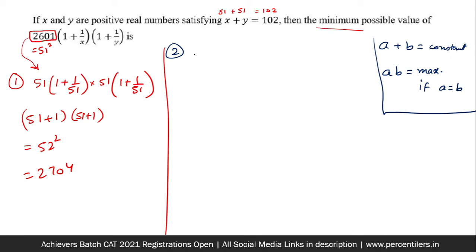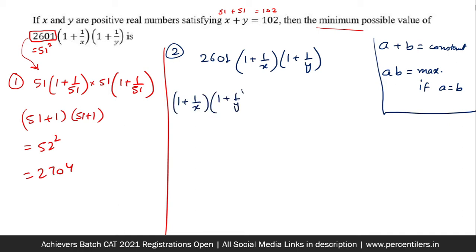Now we have to find the minimum possible value of this. So 2601 multiplied, we cannot change that. We can only try to figure out what this bracket thing is going to become. 1 plus 1 by x into 1 plus 1 by y will be equal to 1 plus, now this is nothing but x plus y, which is constant 102, so it is nothing but 103 by x into y.